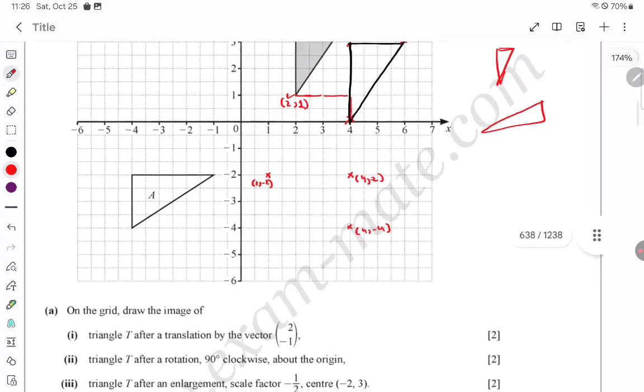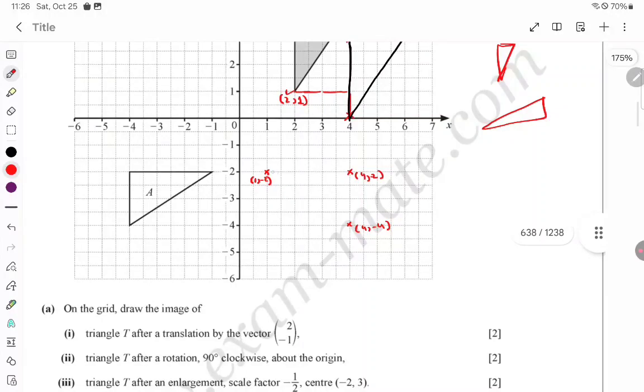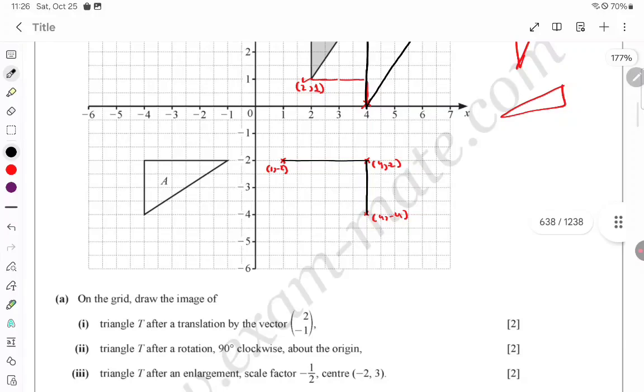Join the points. So this is our 90-degree clockwise rotation of triangle T.